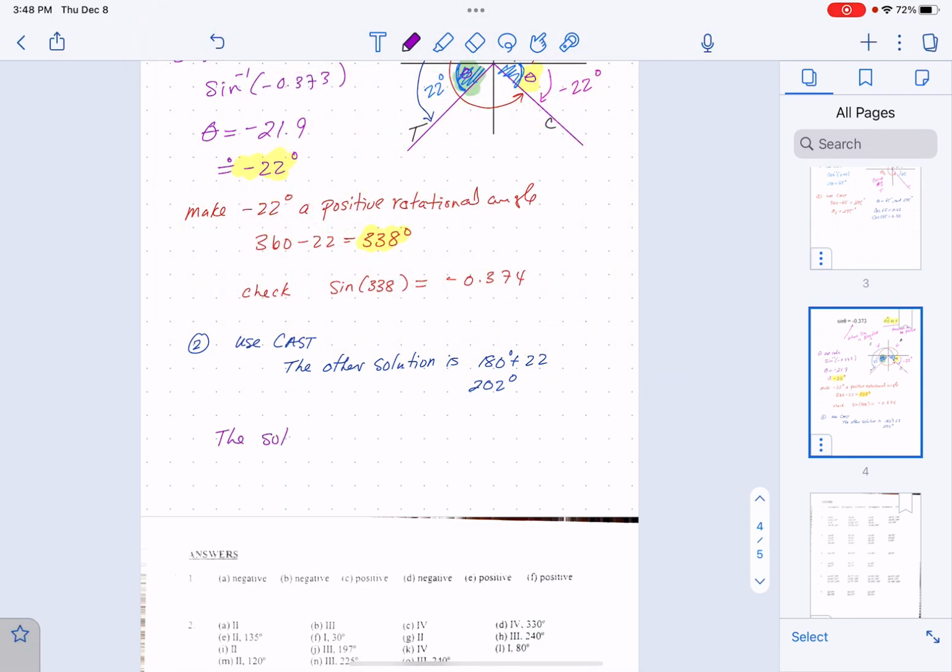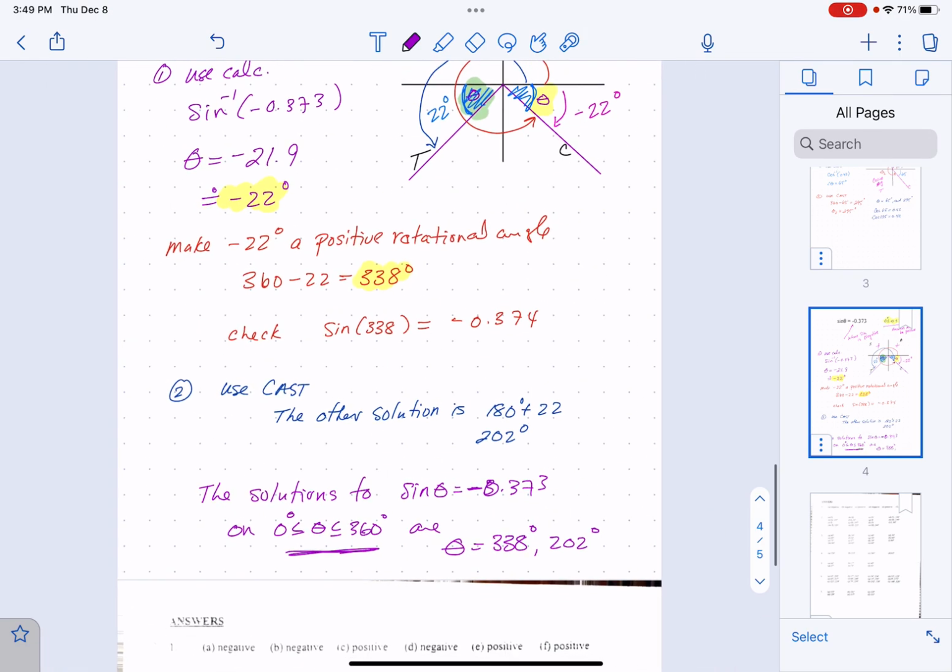So when we go to give our final answer to this, we're going to say the solutions to sine theta equals negative 0.373 on 0 to 360. So all my answers have to be positive on 0 to 360 are, my first answer is 338 degrees, and my second answer is 202 degrees.